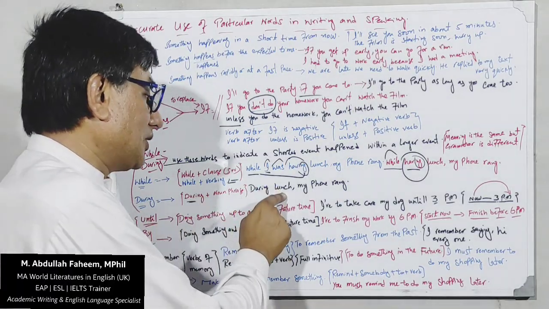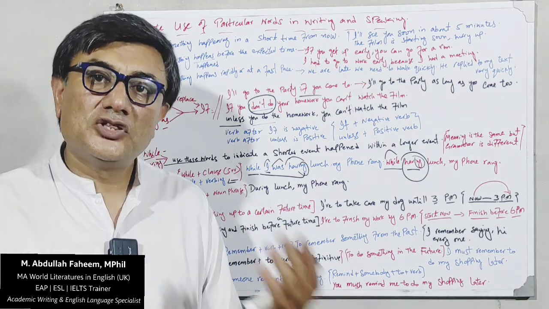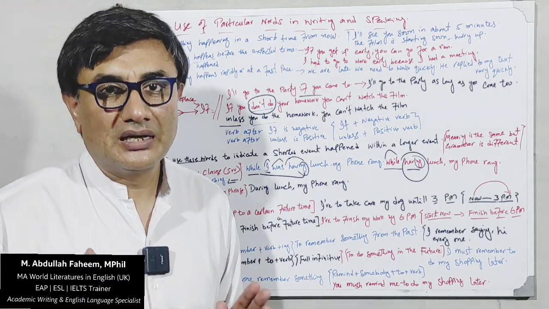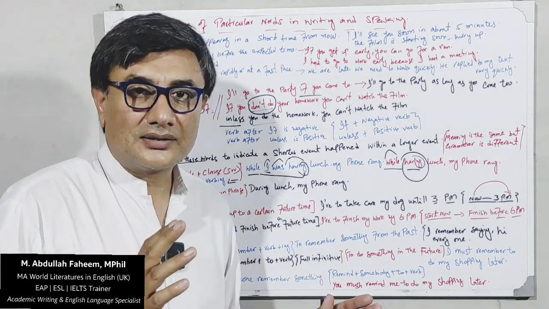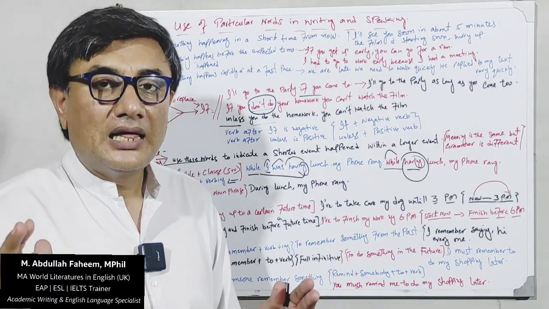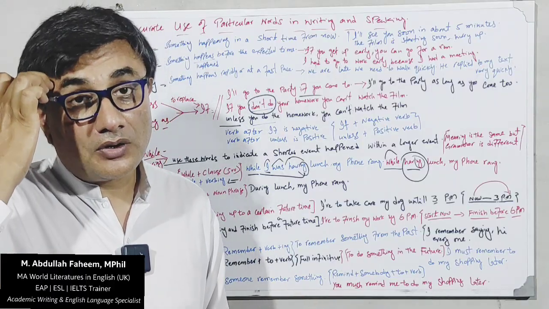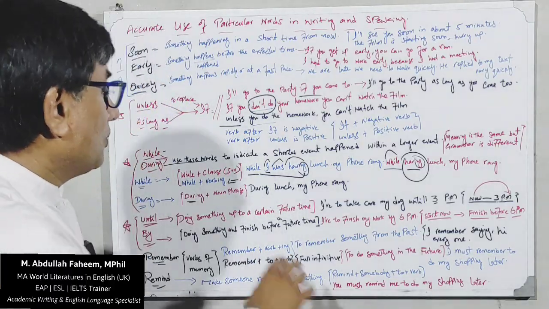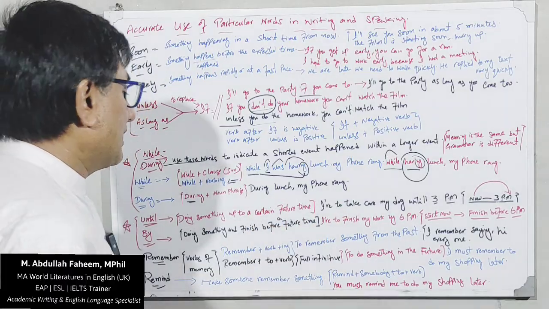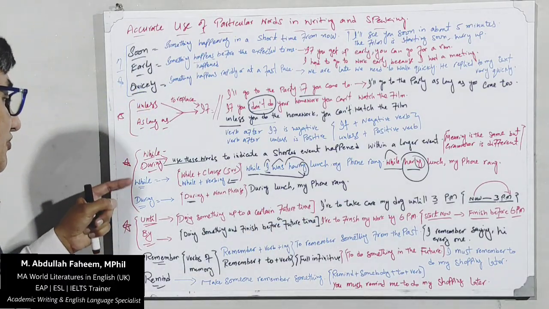But here you use a noun. During lunch. Lunch means दोपहर का खाना. It's a name of something. सुबह का खाना, दोपहर का खाना, रात का खाना. You take breakfast, lunch and supper or dinner. So this is how you use a noun. My phone rang. So this is the difference between using while and during.